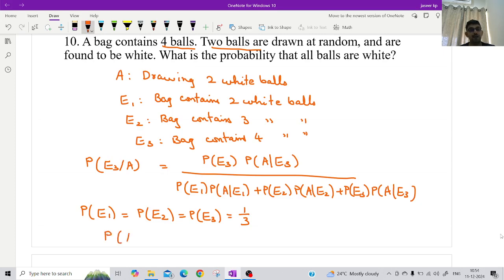Now P of A given E1. So bag has 2 white balls and out of that probability of selecting 2 white balls. So it will be 2C2 by 4C2. Again at random, that's without replacement. So it will come as 1 by 6. So it can be done separately also, 2 by 4 into 1 by 3.